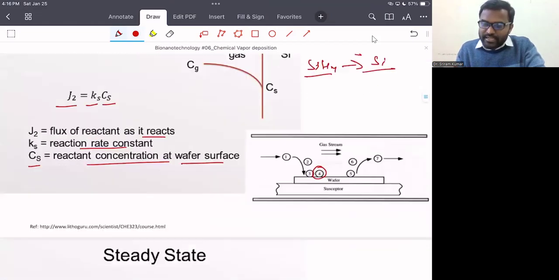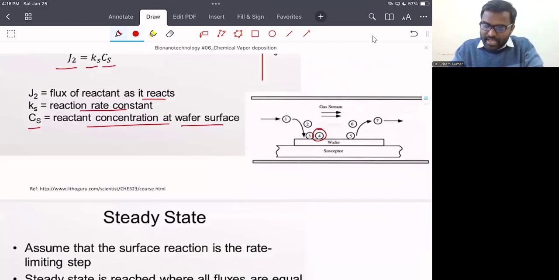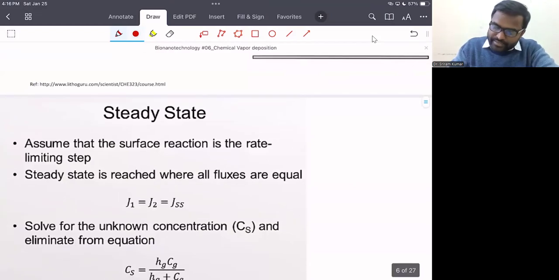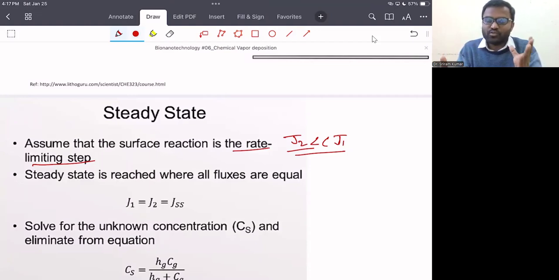At steady state, if we compare the rates of the first and the second flux, in this case we have some kind of rate limiting condition. Here J2 is much less than J1, because the reaction at the interface is much smaller as compared to the flux of gaseous molecules from the bulk to the interface. So in this case, J2 will be rate limiting.